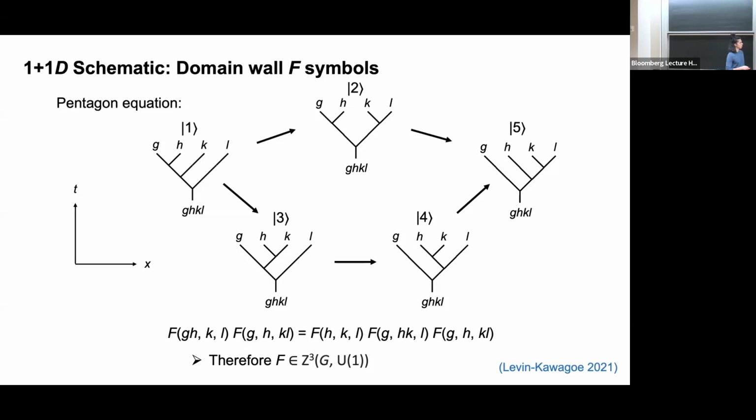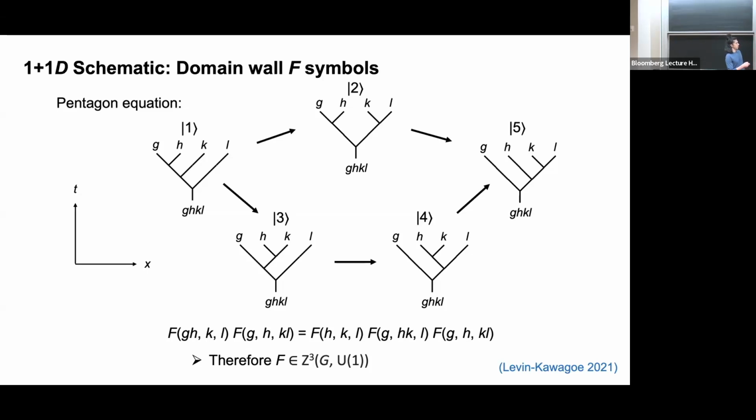Why is the F symbol defined in this way? Basically, why is it a 3-cocycle? The F symbol obeys a well-known constraint known as the pentagon equation. In this context, the pentagon equation is derived in the following way.